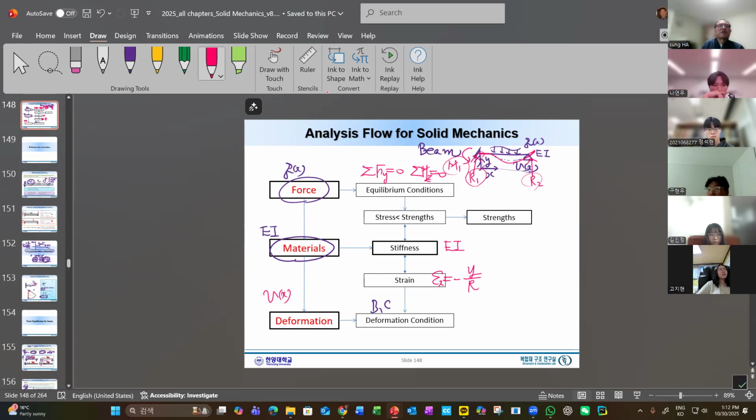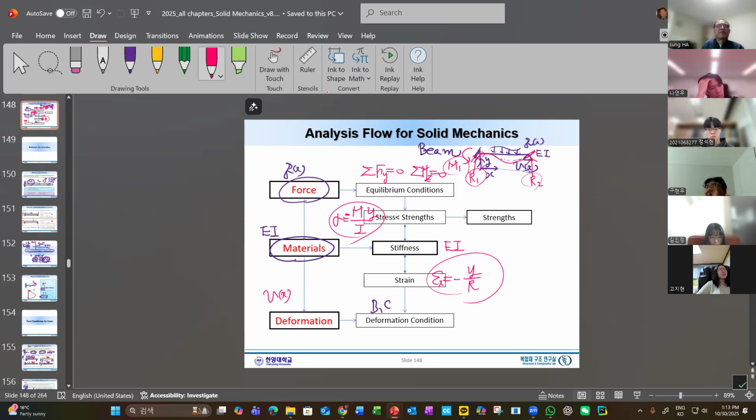And then the stress, not always but for this case, will be the force divided by cross section, multiplied by y, and there should be a minus. Sometimes you need to remember this, or you should be able to derive it.